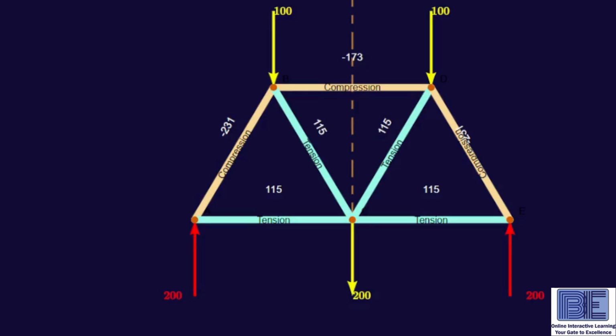As we observe from the analysis, the forces in the truss members are symmetric about a vertical axis passing through joint C. If we had noticed at the beginning that the loads and reactions on the truss are symmetrical, we could have saved time by studying only half of the truss, as the other half is identical.